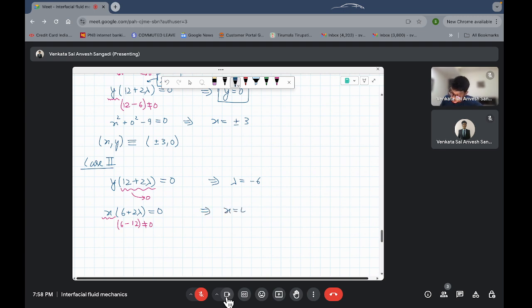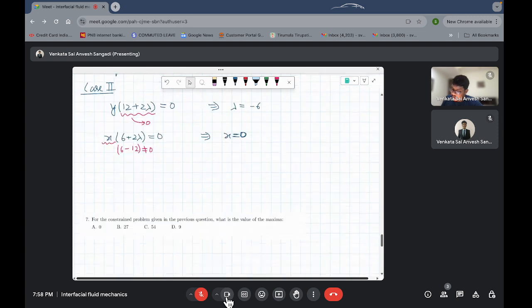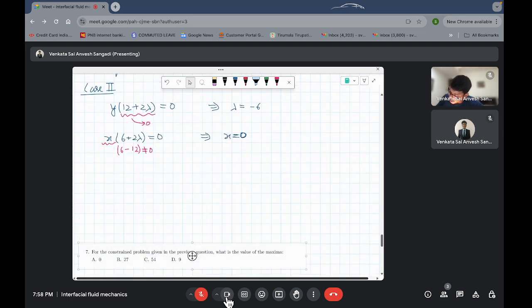X equal to 0, and substituting x equal to 0 into the constraint equation, we get 0 square plus y square minus 9 equal to 0, which implies y is equal to plus or minus 3.